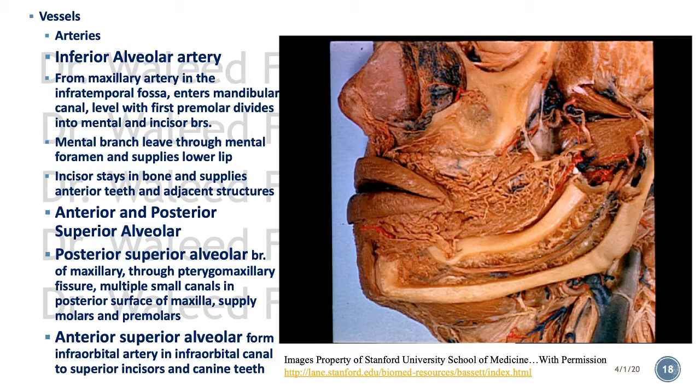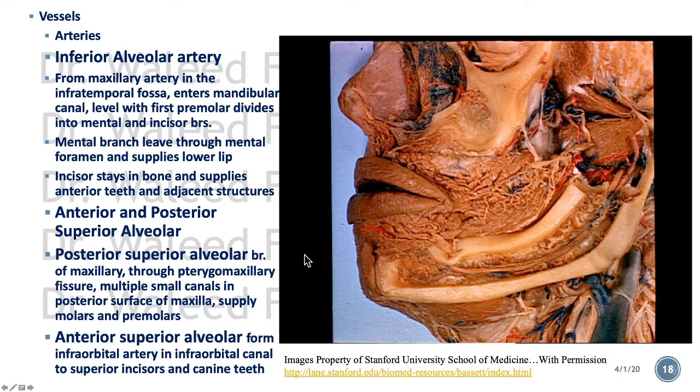This infraorbital artery grooves the floor of the orbit and then sinks down in a canal that opens at the front of the face to supply the cheek area and the lower eyelid and the lateral side of the nose. While in the bone, it gives the anterior superior alveolar to supply the rest of the teeth. In this example, the incisors and the canine teeth.